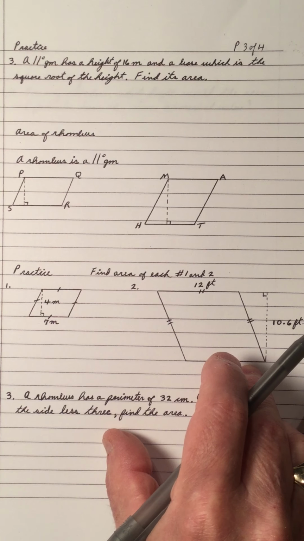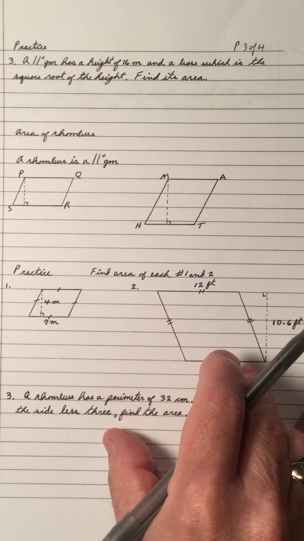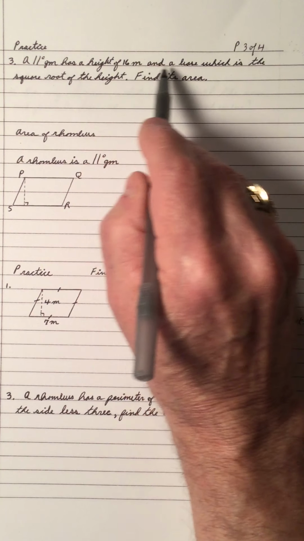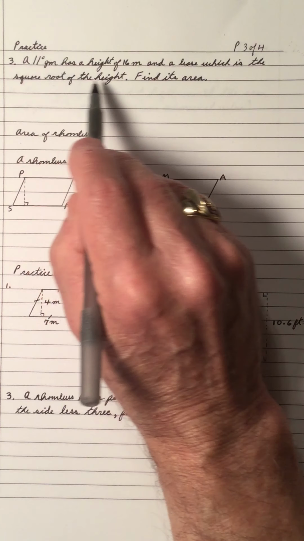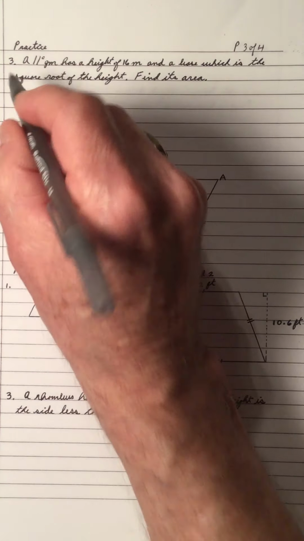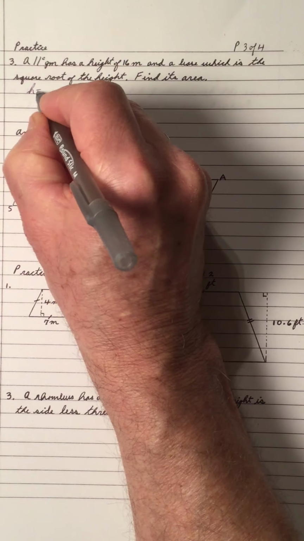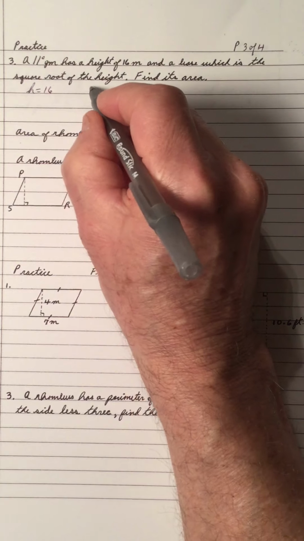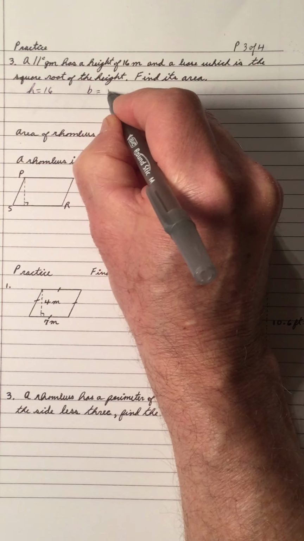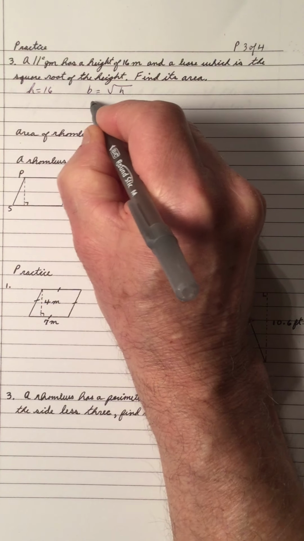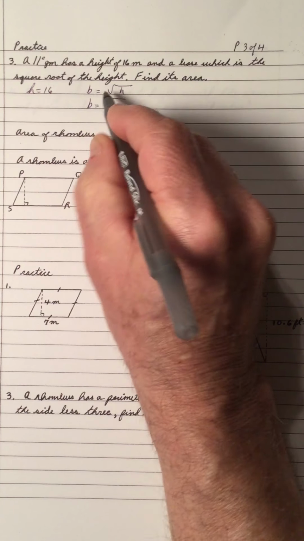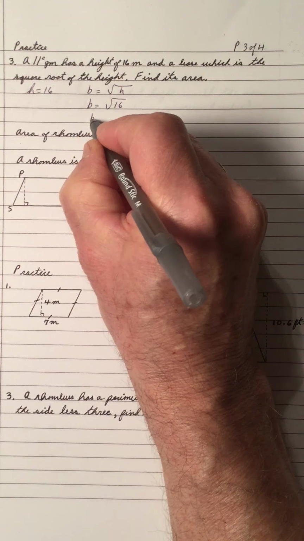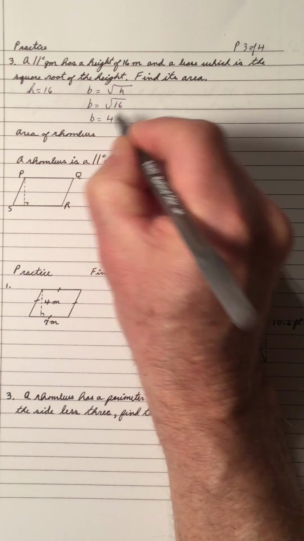And practice, continue. Pause the video. A parallelogram has a height of 16 and a base which is the square root of the height. So the base, b, is the square root of the height, and the height is 16, so the base is the square root of 16, which is 4.